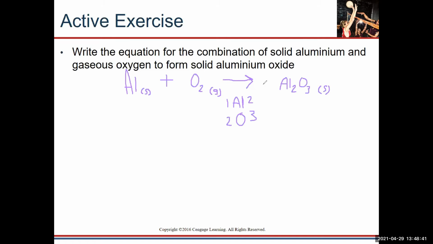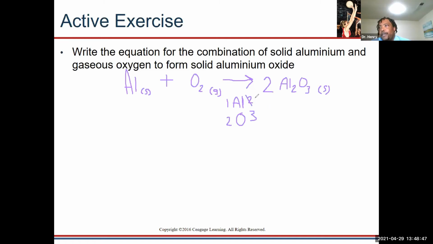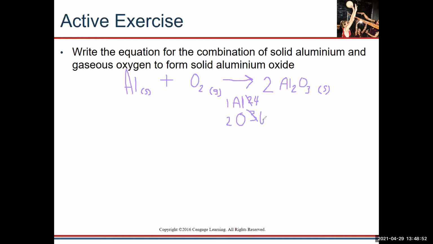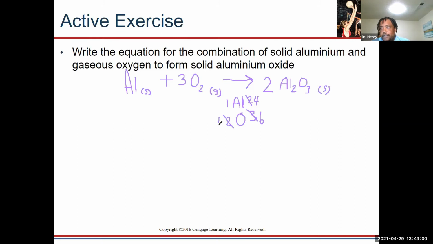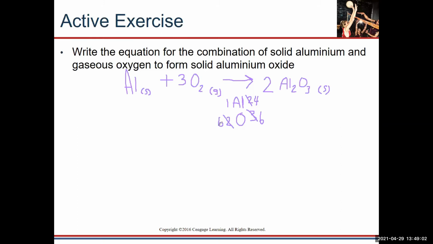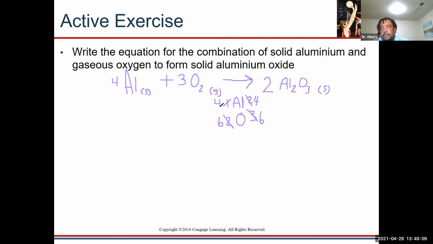So add a 2 in front of it. Okay, so then that gives me 4 aluminum and 6 oxygens. Then you can add a 3 in front of oxygen. Okay, so then that gives me 6 oxygens. And you add a 4 in front of aluminum. Okay, so that's balanced, right? Piece of cake.